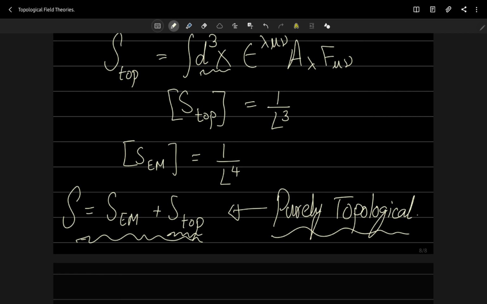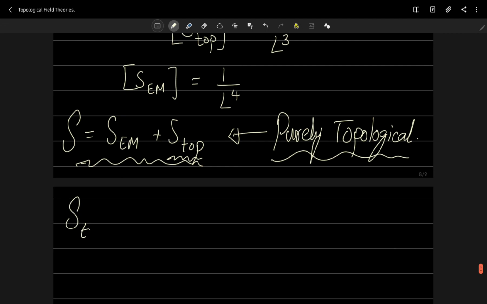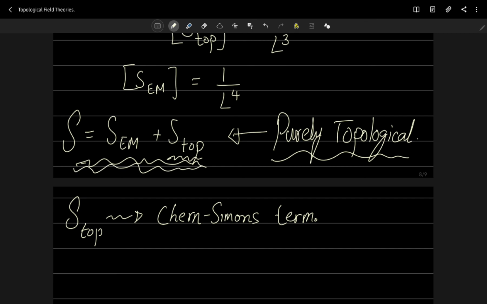And this topological action is referred to as the Chern-Simons term, right? So let me actually write it down over here. This is referred to as the Chern-Simons term, and you can call this theory a Chern-Simons theory, right?